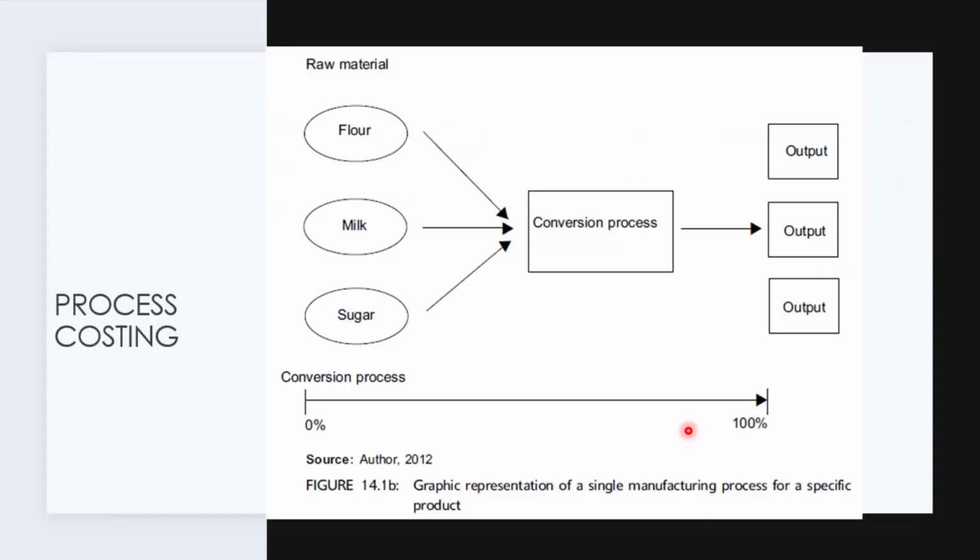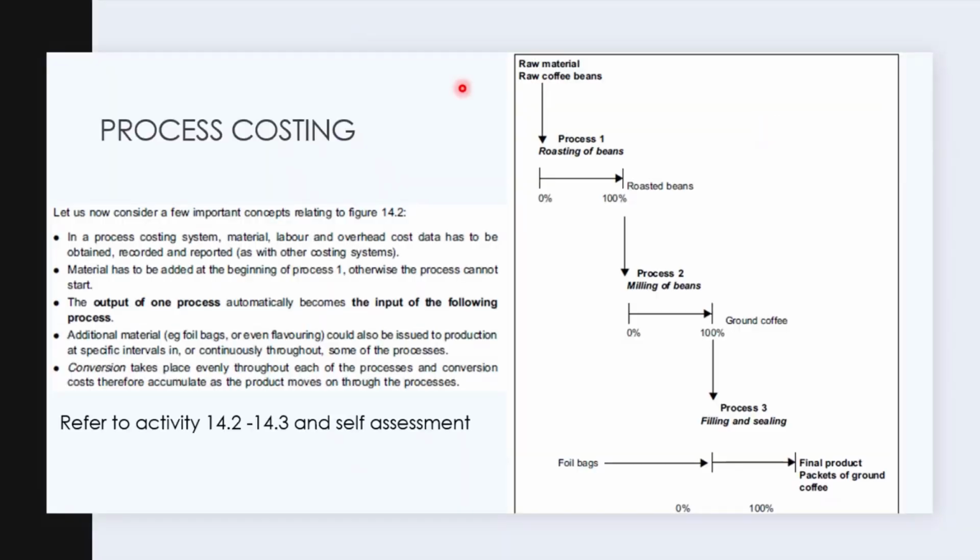So you see the difference. In this one process, inputs are your raw materials at the beginning, conversion process, then you get your output. While here, your material, yes, they form part of your first process, but then your finished product of each process becomes the input of the next process.